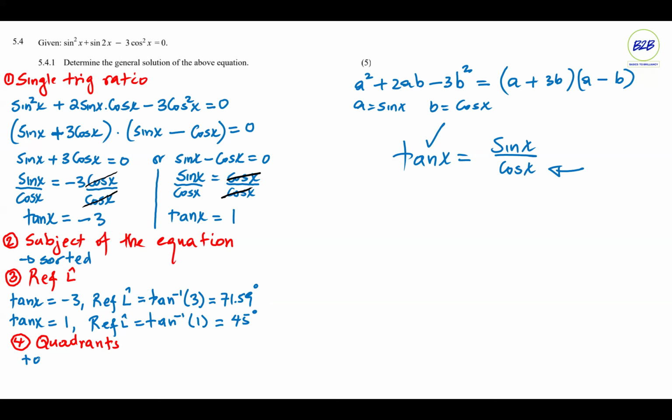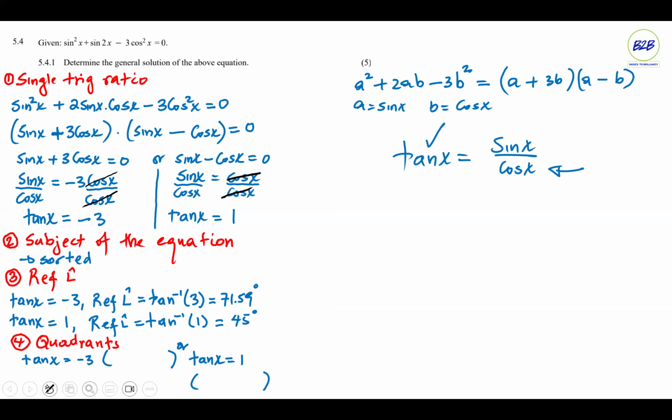The first equation being tan x is equal to -3, so there will be a set of quadrants specifically for this equation. Then the second equation is tan of x equal to 1. Then there is a set of quadrants that we will use specifically for that equation.